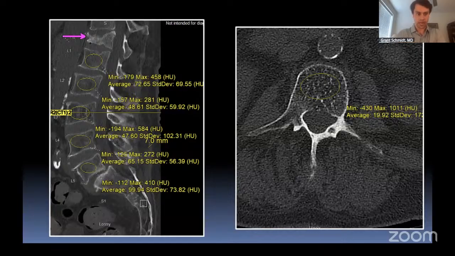You can see at L2, average HU is measured at 48.61, as well as L3, we measured 47. And on the right, you can see an average HU of 19. Of note, there are also vertical trabeculae, which shows bony degeneration, where you lose some of the horizontal trabeculae and get increased visibility of the vertical ones.